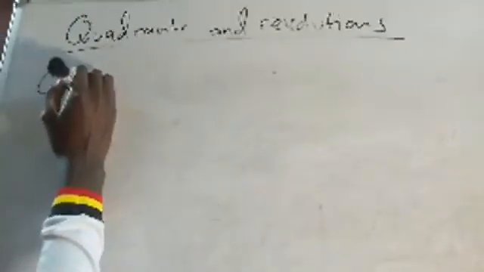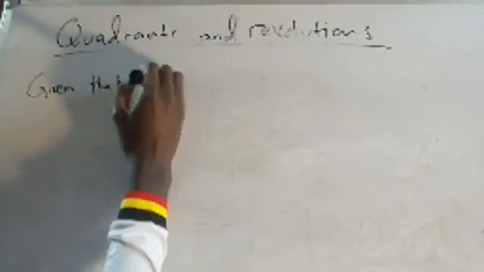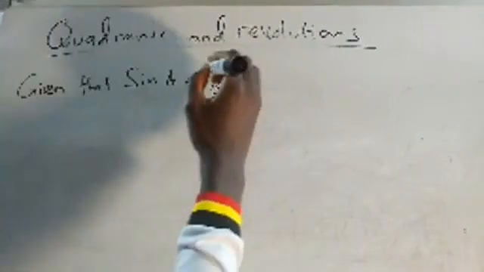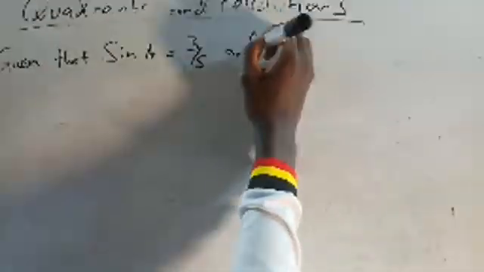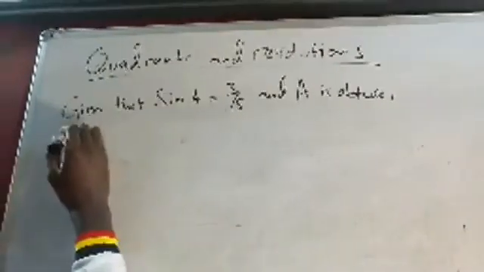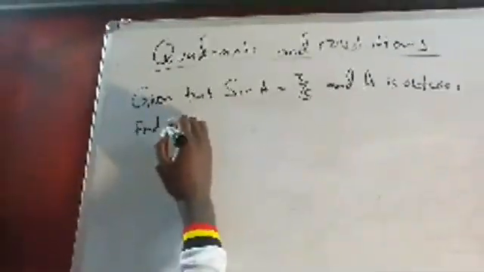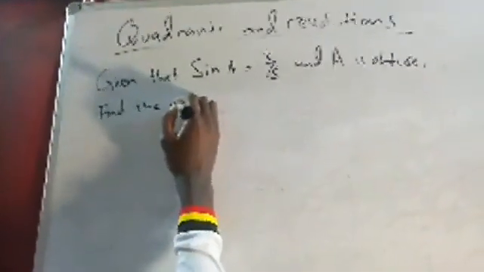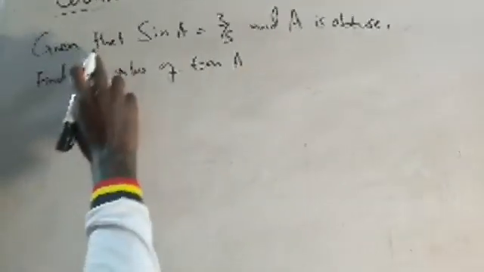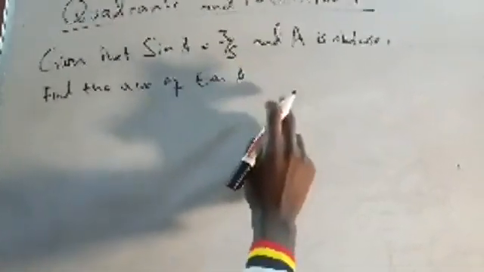Given that sine A is equal to 3/5 and A is obtuse, find the value of tan A. They have told us that sine A is equal to 3 over 5 and A is obtuse.